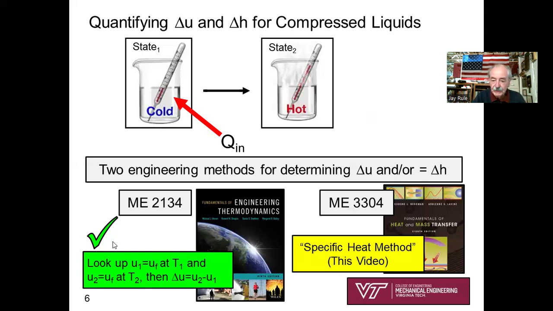Now, moving ahead to junior year, ME 3304 is your heat transfer class. Let's not get too far ahead of ourselves, but you're going to use a different method for determining delta U and or delta H for going from cold water to hot water or cold lubricating oil to hot lubricating oil. You're going to use the specific heat method, and that's what this video is all about. It's a different method for calculating delta U and delta H for solids and these types of liquid problems where you're not changing phase.